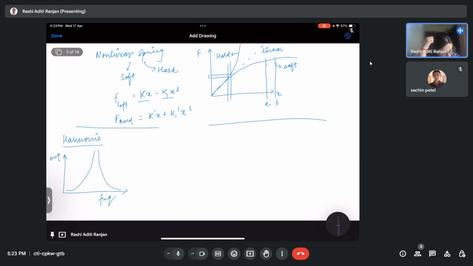In case of a nonlinear system, this is going to divert something like this or like this, depending upon whether my system is softening or hardening.